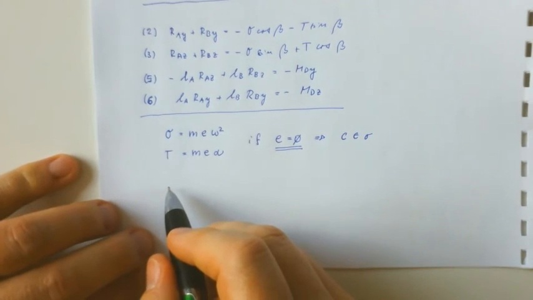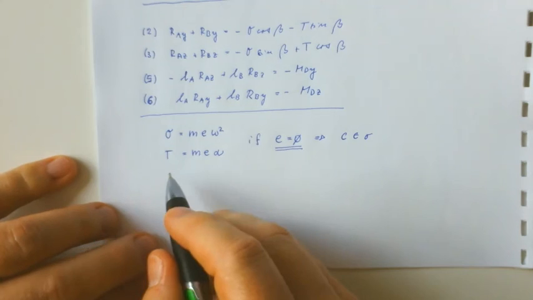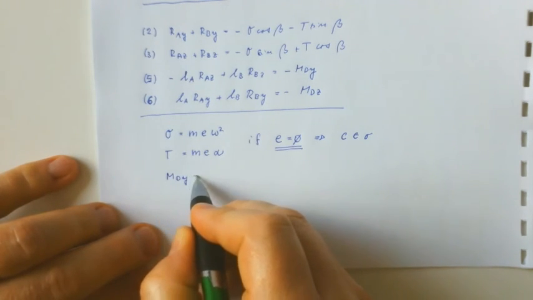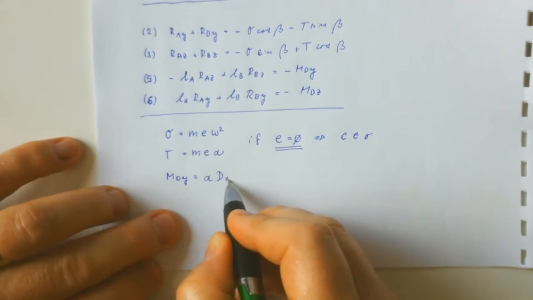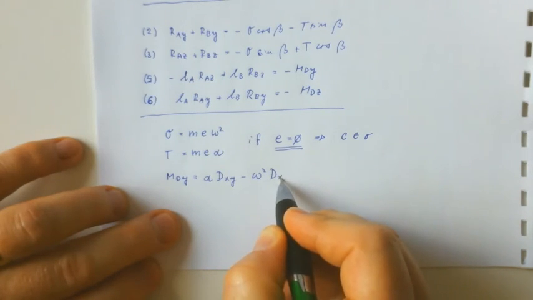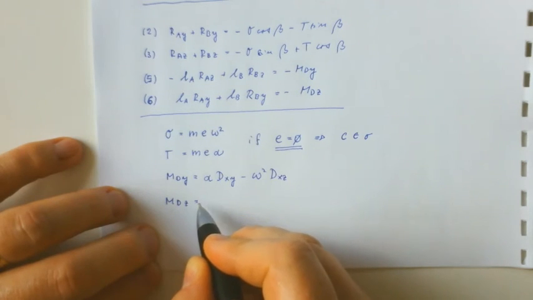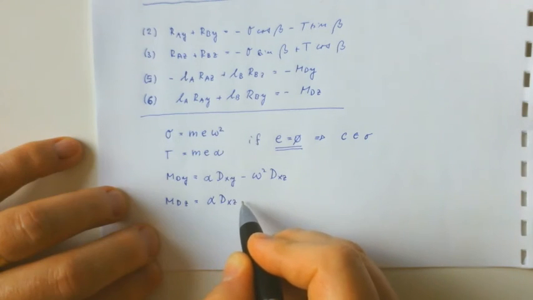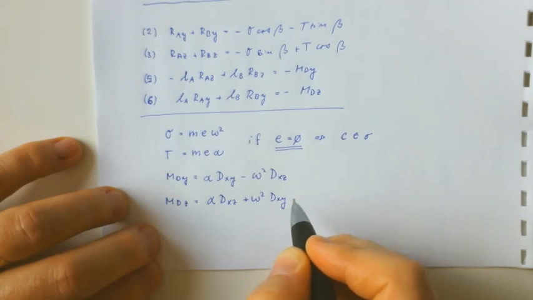And second condition, so we know that Mdy is alpha Dxy minus omega square Dxz, and Mdz is alpha Dxz plus omega square Dxy.